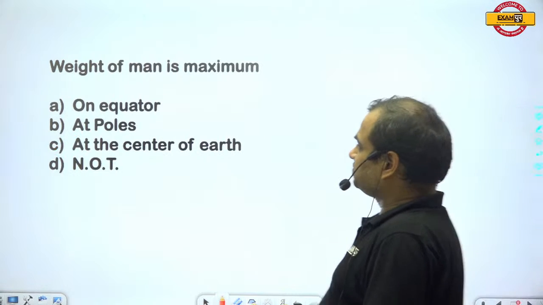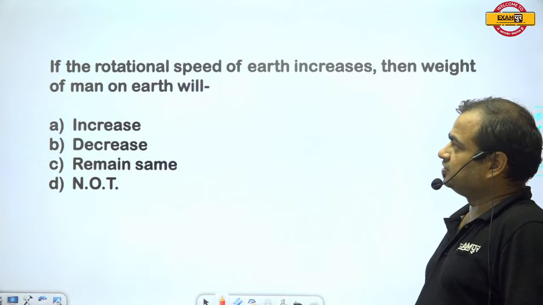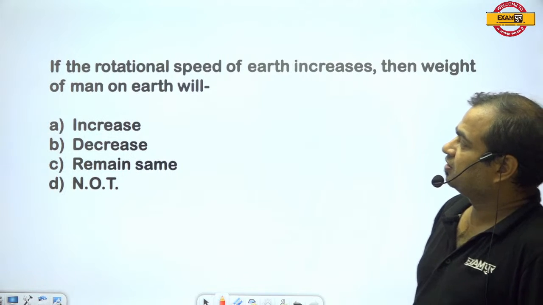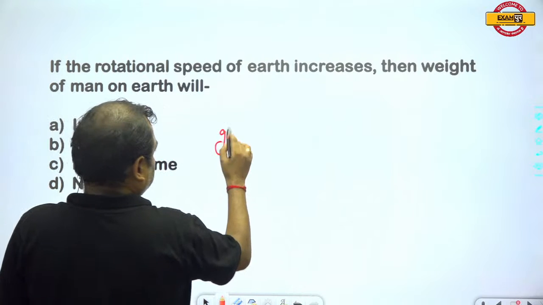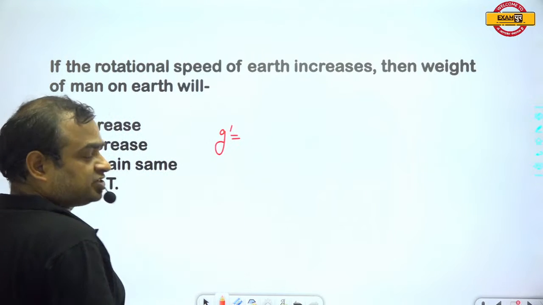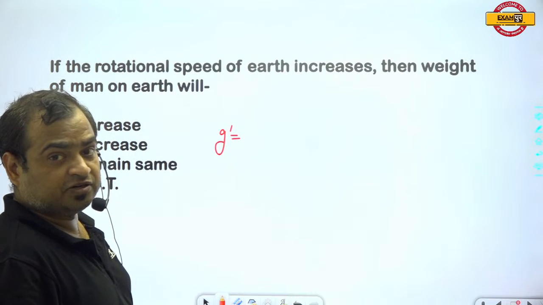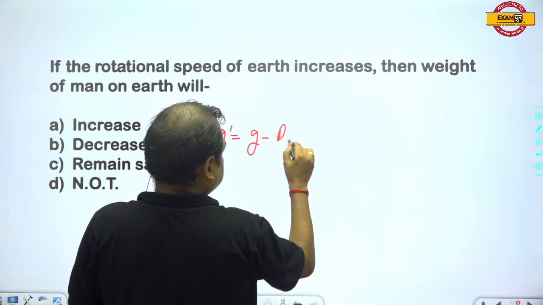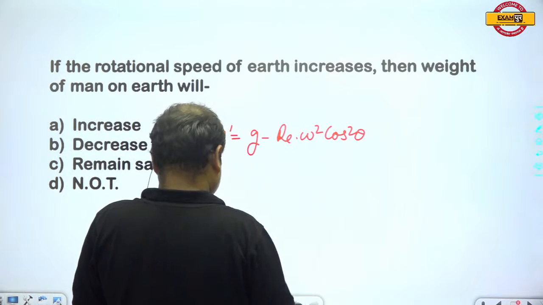If the rotational speed of earth increases, then the weight of the man on earth will decrease. This question has been repeated. The effect of rotational speed on the gravitational acceleration is like this: g dash is equal to g minus Re omega square cos square theta.